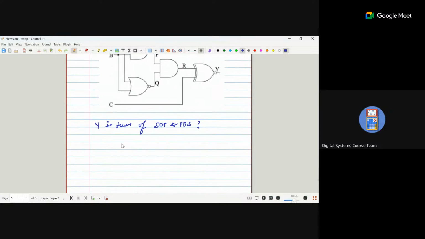Or let's just make it simple for now. Try to find Y in terms of min terms and Y in terms of max terms. Can you find these two first, in terms of min terms and max terms?